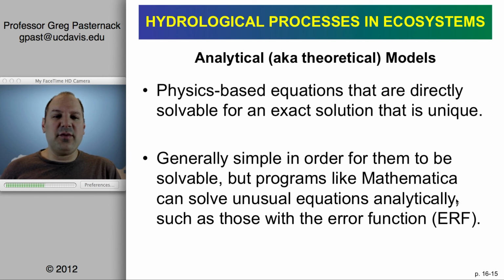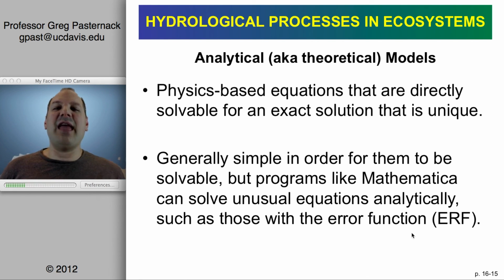Analytical, also known as theoretical models, are ones where you can write out an equation and it doesn't require any parameterization, the equations are just pure math. You solve the math and you get the answer. And we do have that capability. A lot of things in nature are governed by the same functions that are governed by the normal distribution, which is called the error function.